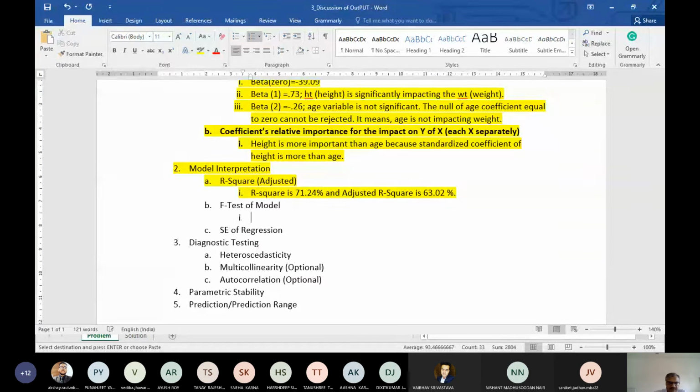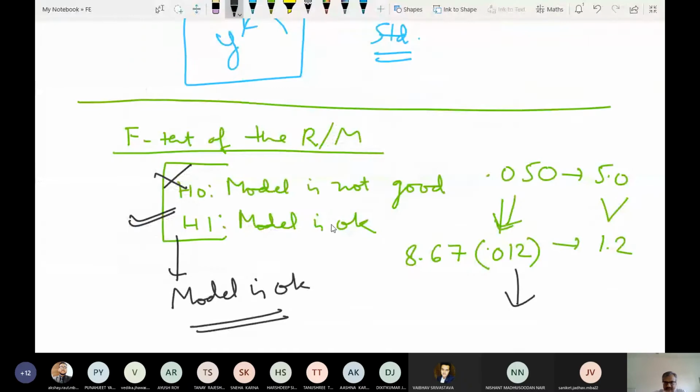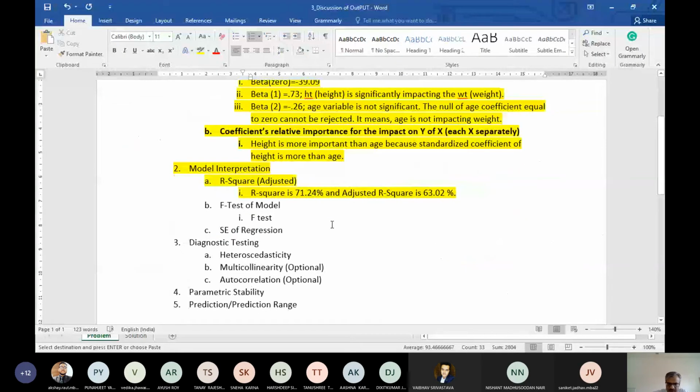We are saying F test. Right now we'll write the value. F test, as I have written here, 8.67, 0.012. The F test is significant. Language is significant means it is meaningful.